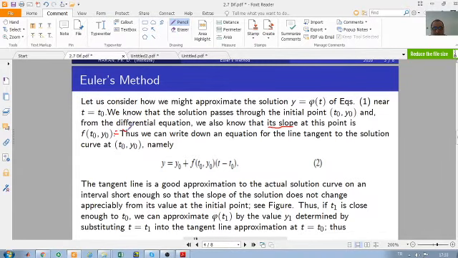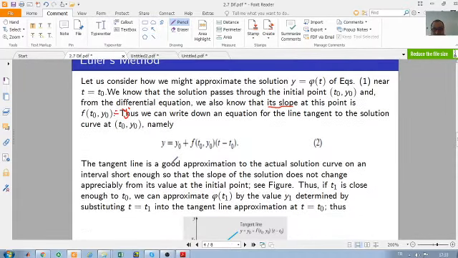Therefore, we have the slope and we know the point, so we can write an equation for the line tangent to the solution curve at t0, y0.